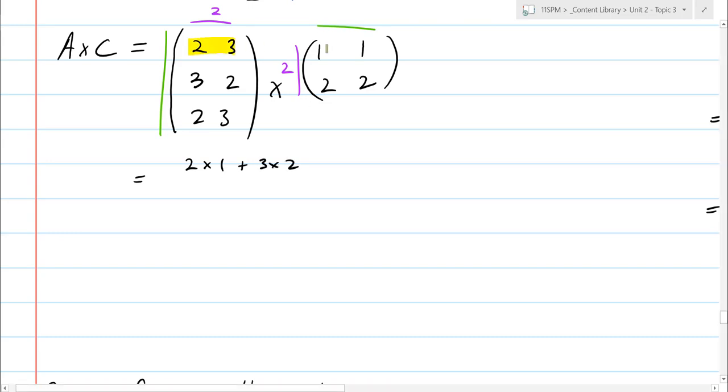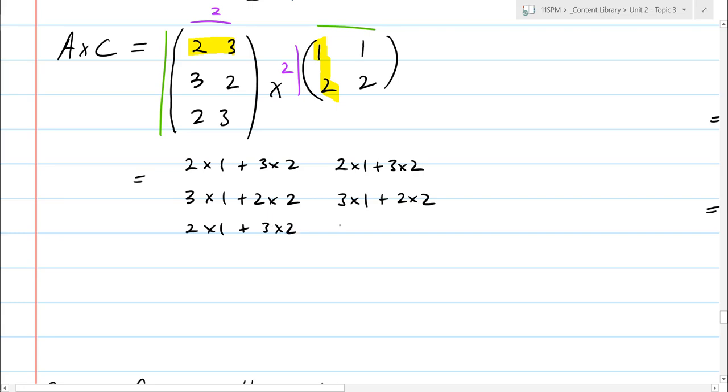That's the top row by the first column. And then the top row by the second column gives me 2 times 1 plus 3 times 2 again. And then I get 3 times 1 plus 2 times 2. 3 times 1 plus 2 times 2. Then I get 2 times 1 plus 3 times 2, and 2 times 1 plus 3 times 2. And it gives me this.